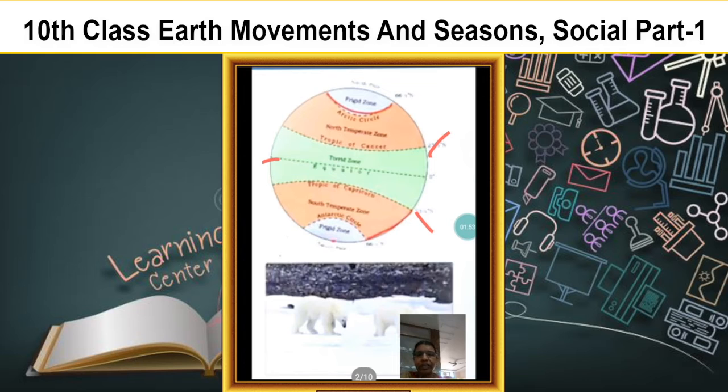This orange part that extends from Tropic of Cancer to Arctic Circle and Tropic of Capricorn to Antarctic Circle is called the temperate zone, North temperate zone and South temperate zone. And from the Arctic Circle to North Pole and Antarctic Circle to South Pole, it is called the frigid zone.